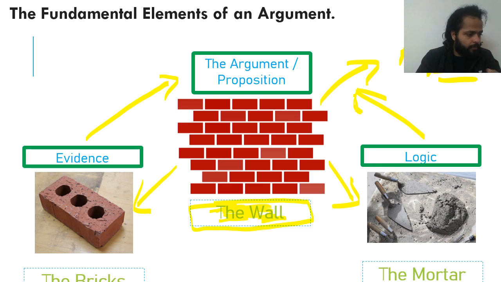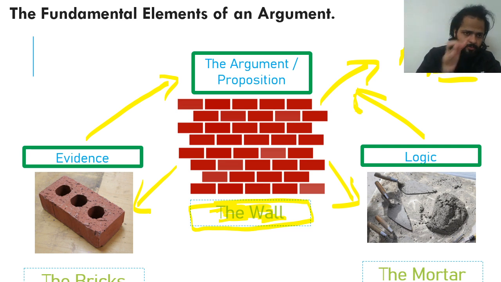In that scenario there would be no mortar, so the bricks won't be able to stay one over the other. Just a small push will drop the whole wall. The same thing with an argument. If in an argument I do not use any logic, I just give you facts, it doesn't seem like I'm making a point. You're just giving facts. It doesn't mean you're expressing an opinion or taking a stand, right?